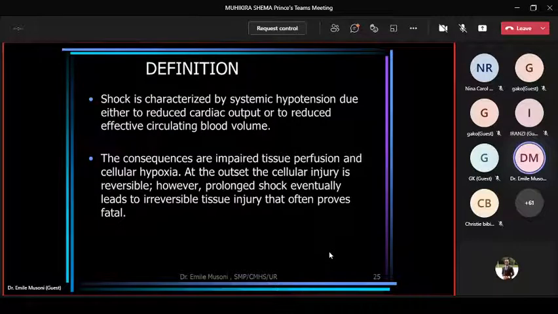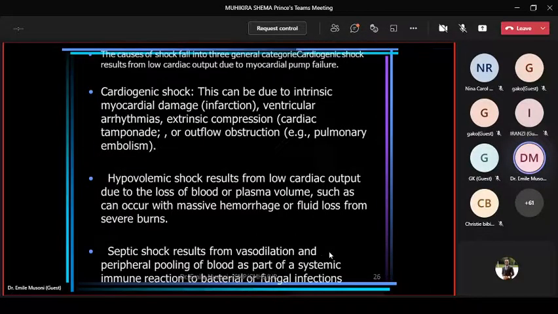At the outset of the cellular injury, this one is reversible. However, prolonged shock eventually leads to irreversible tissue injury, which can lead to death. So in shock, there is hypotension due to reduced cardiac output or reduced circulating blood volume.